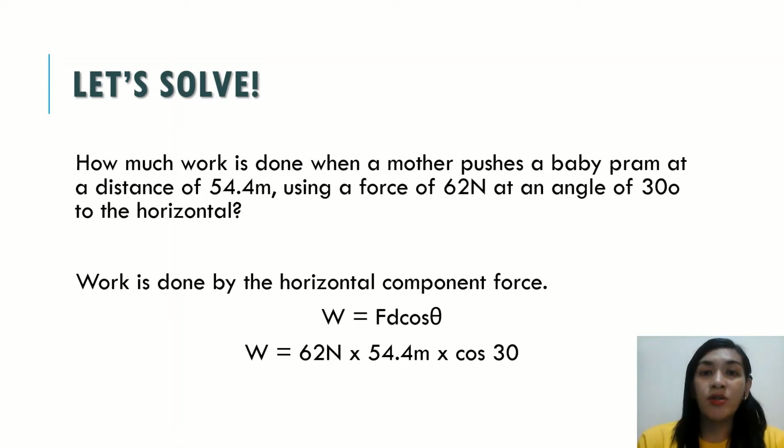When doing calculations like this, you input everything in the calculator at once, not one by one, to avoid arriving at different significant figures. Now, the total work done is 2,920.9 joules, or you may still use newton meter.